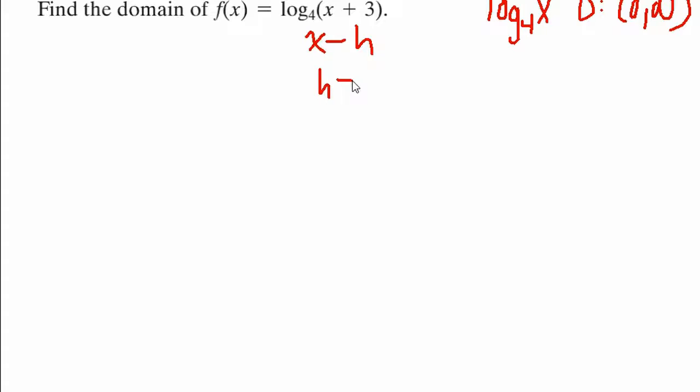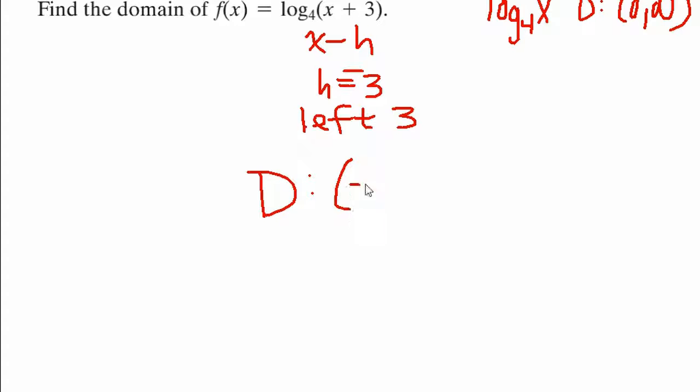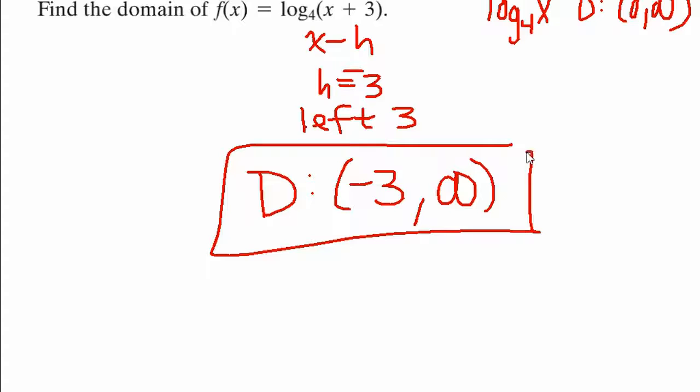So in this case, my h is negative 3. So that means my graph went left 3. Since it went left 3, my domain shifts left 3. So my domain is now from negative 3 to infinity. So it's based upon that value inside the logarithm.